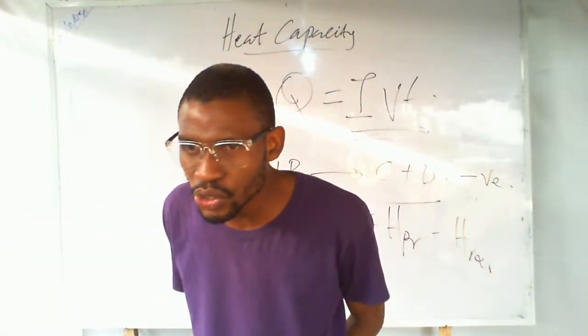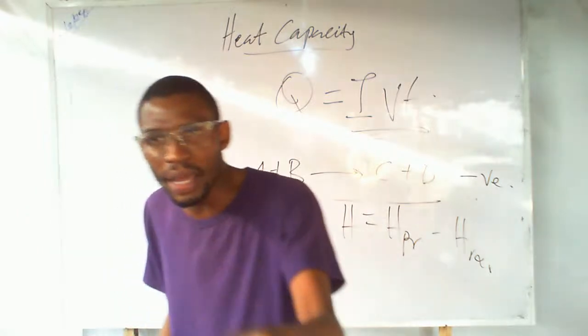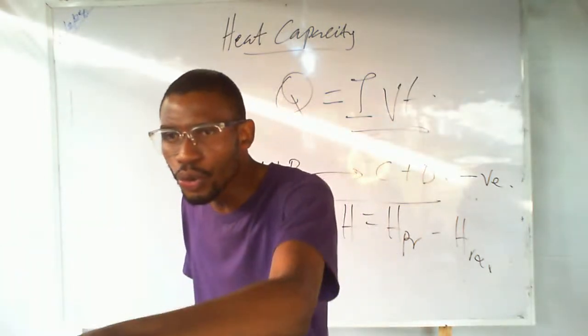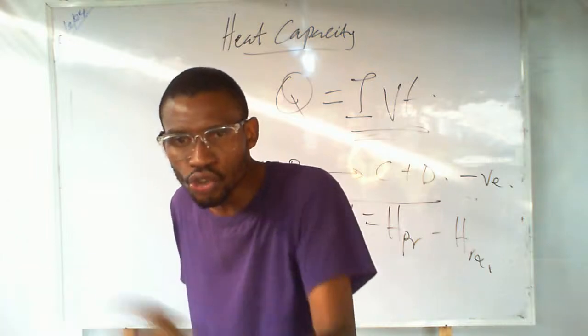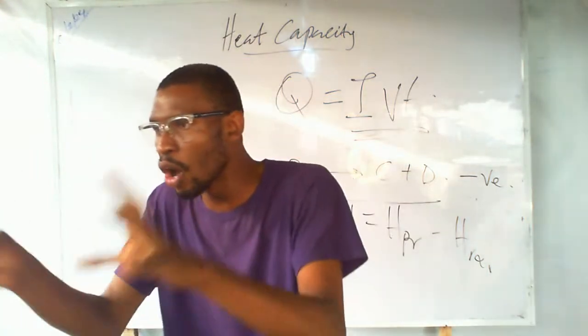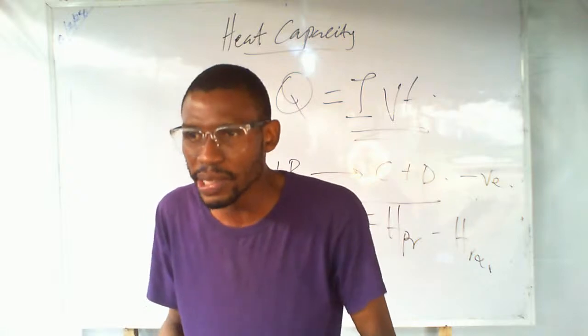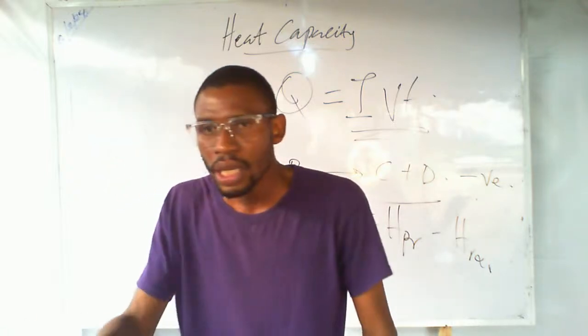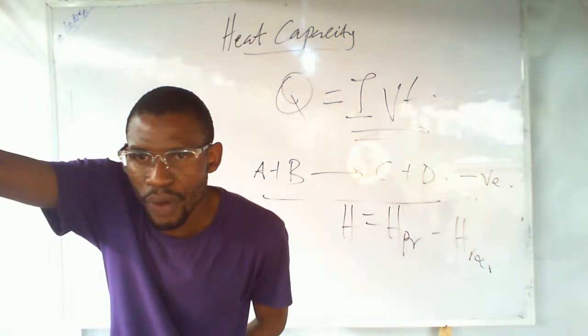Is that message clear to you? So what have I said? I told you that heat is a form of energy. It changes the structure or form in which a particular matter appears. For example, if you take this marker and put it inside fire, what will happen?